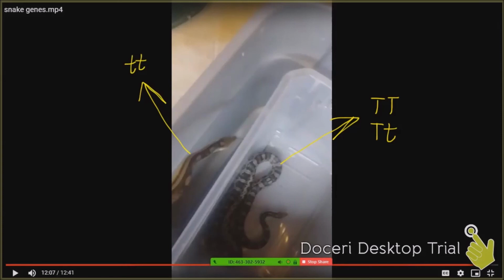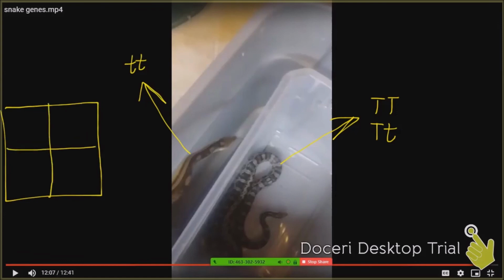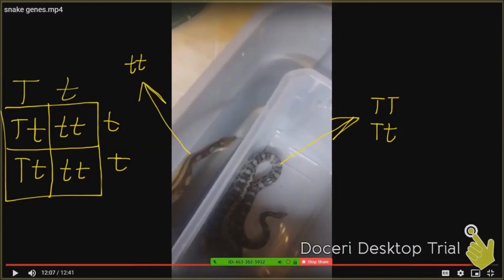And they mated, and I got a 50-50 mix of the babies, where 50% of the babies came out to be motley, and 50% came out to be normal pattern. The only way that this could have occurred would have been if obviously the motley one is little t, and the one with the normal pattern would have to be big T, little t in order to make this work.